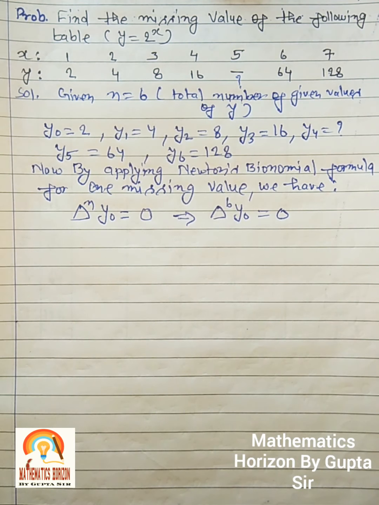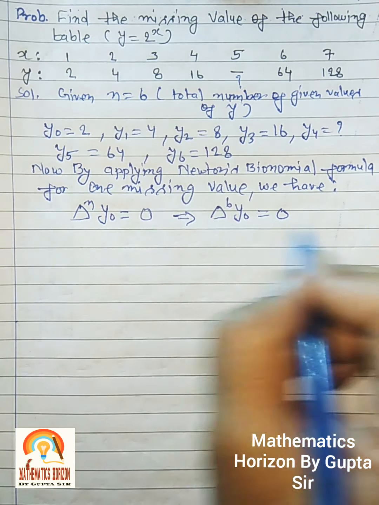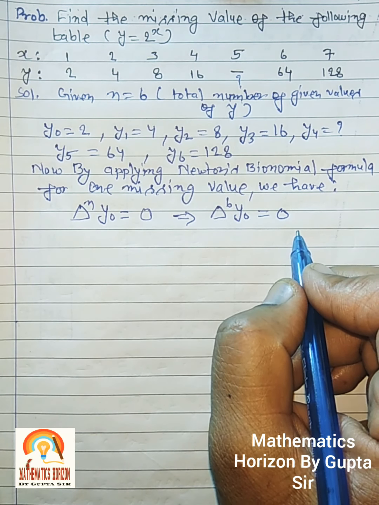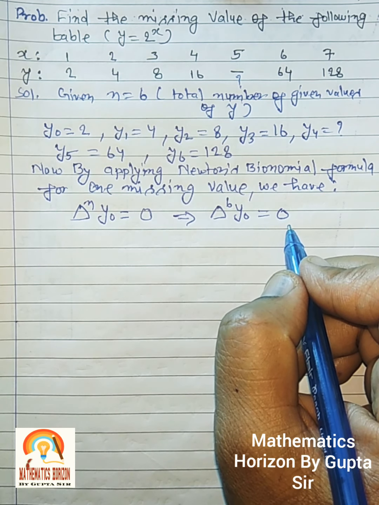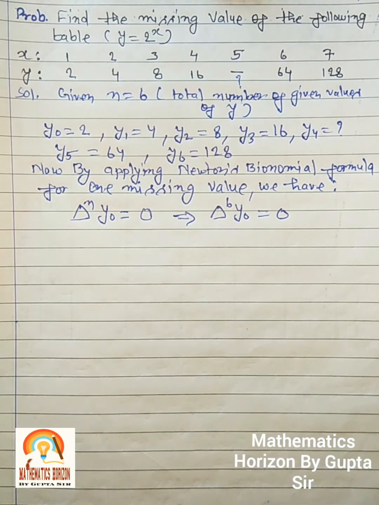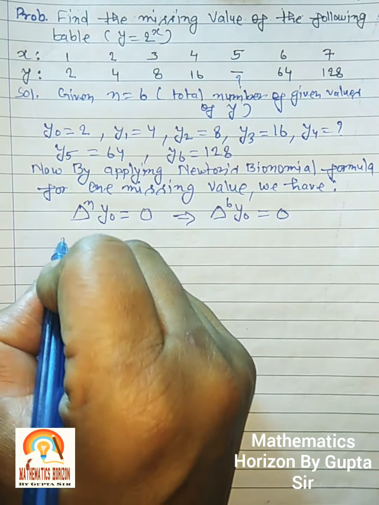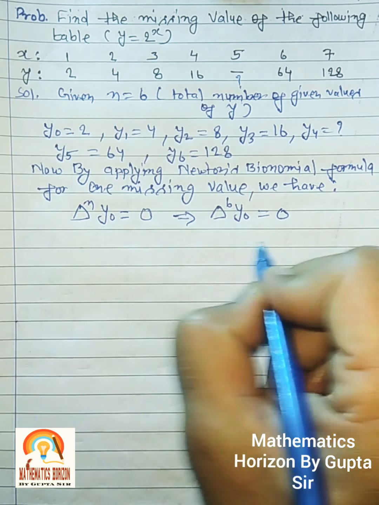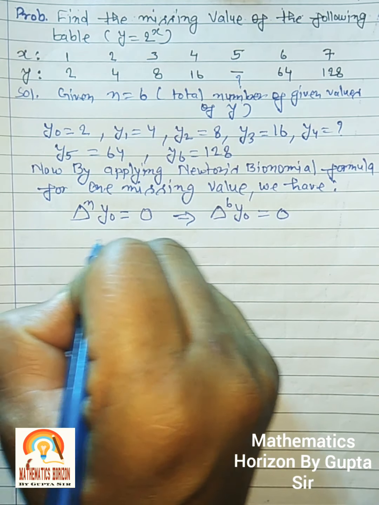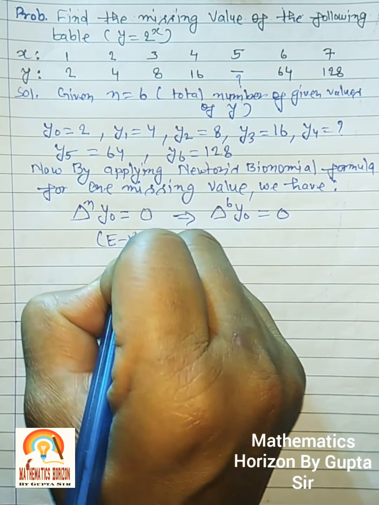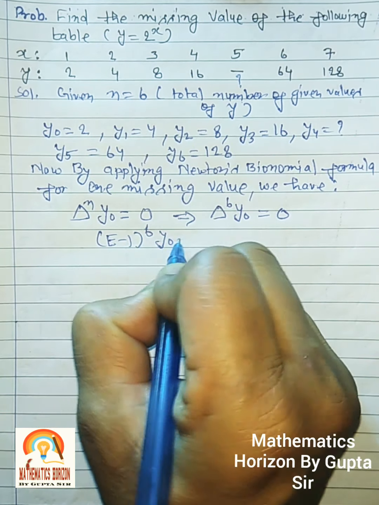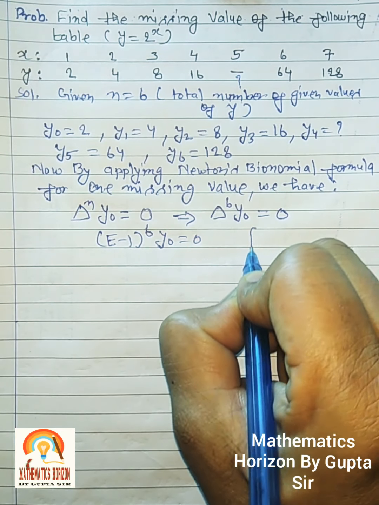Here n is the total number of given values of y, that is del 6 y0, and we know that there is a relation between del and e. What we can write here is (e minus 1) to the power 6 y0 equal to 0.